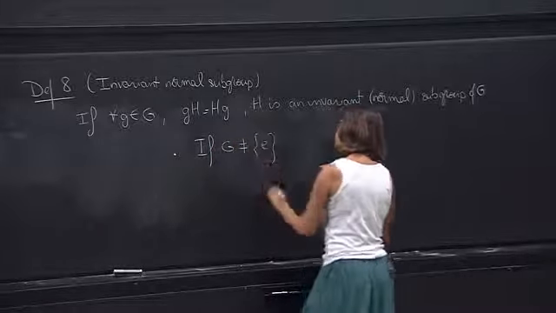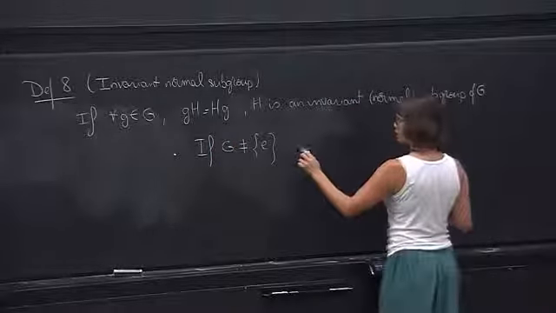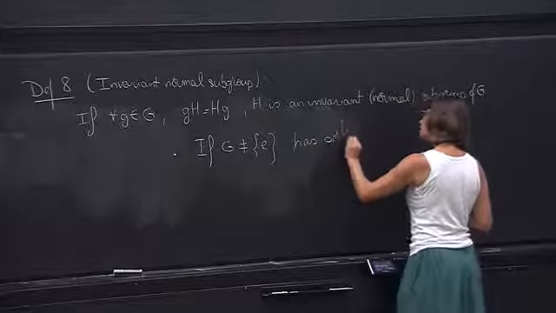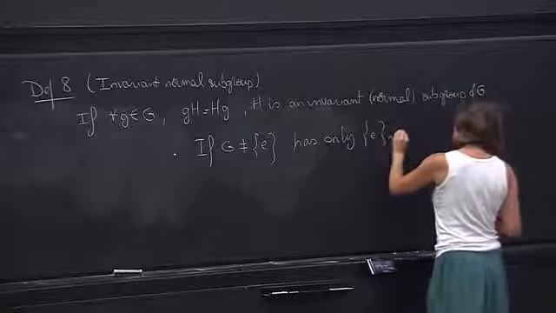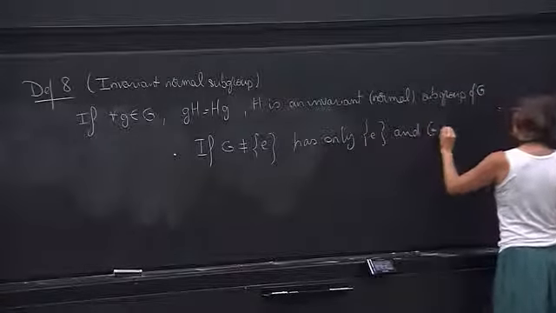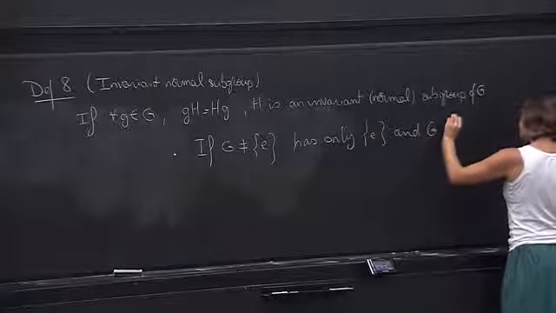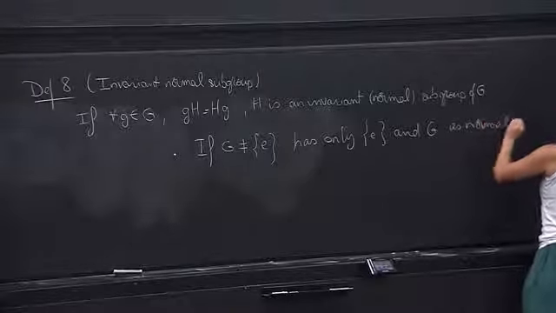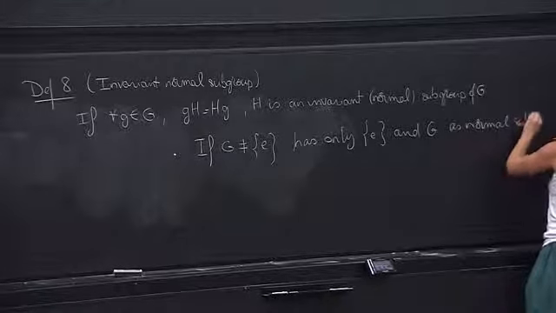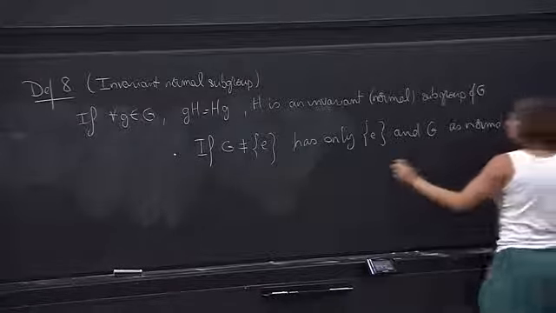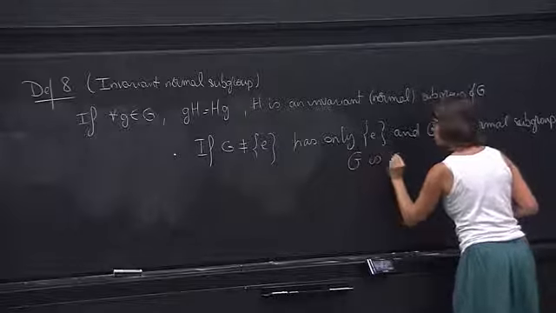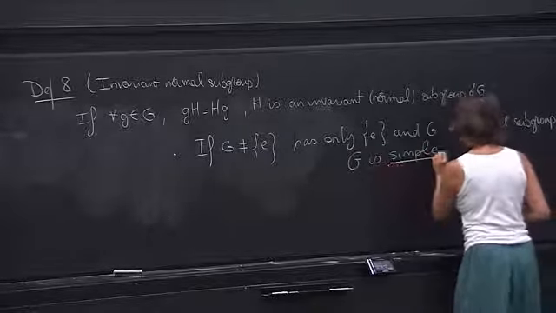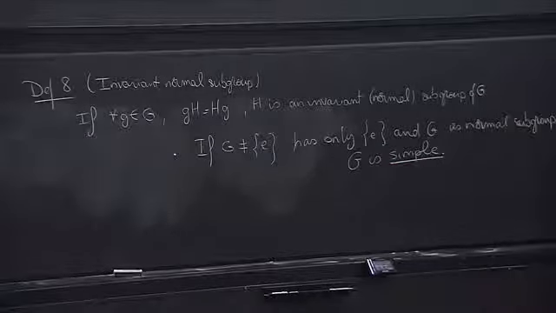If G is different from the trivial group, just the identity element, and has only E and G as normal subgroups, then we say that G is simple. This is the meaning of a simple group.